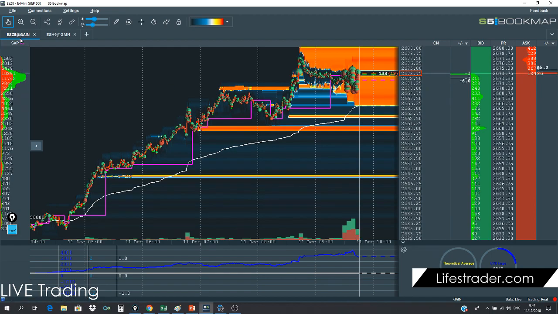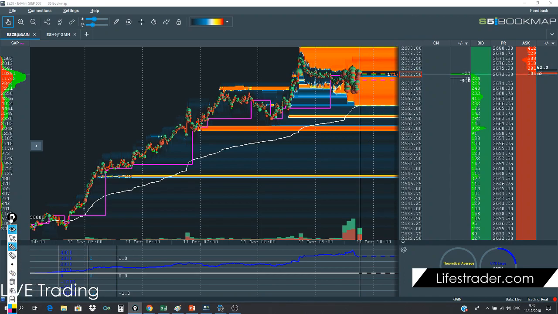So that's the second scenario for long. That's the first one, and that is the second one, trend above 2675 here. So write it down, and now we move to the scenarios for short.